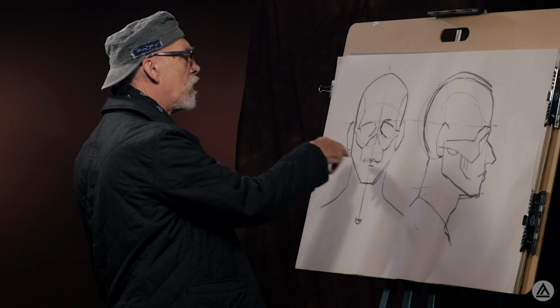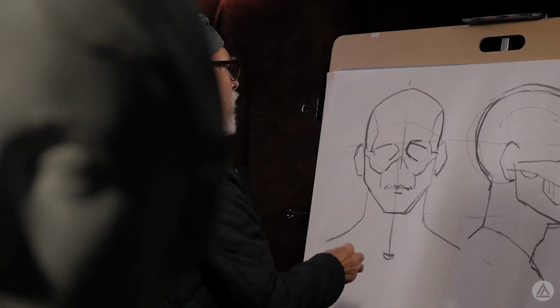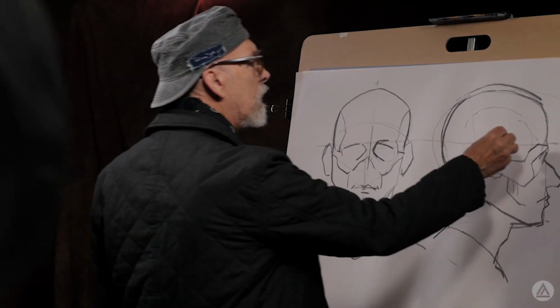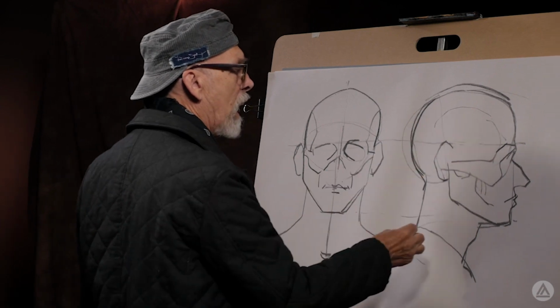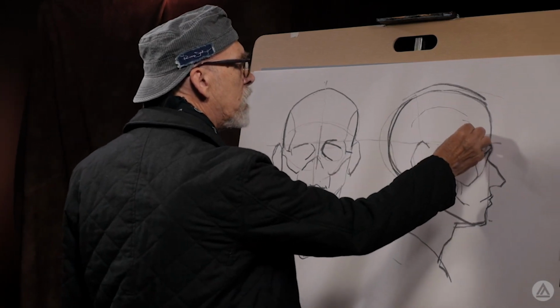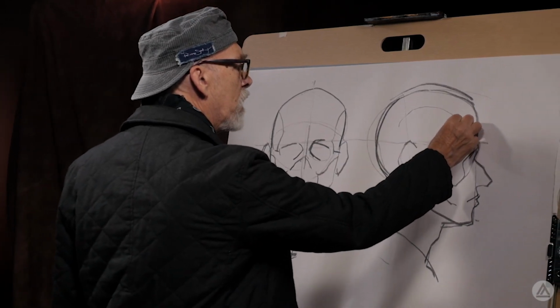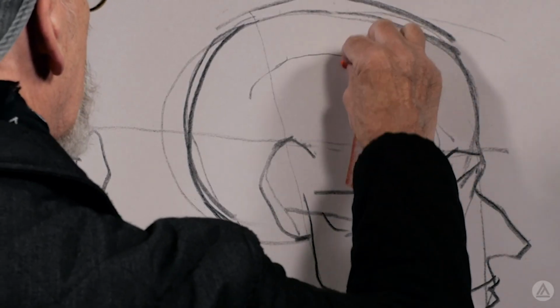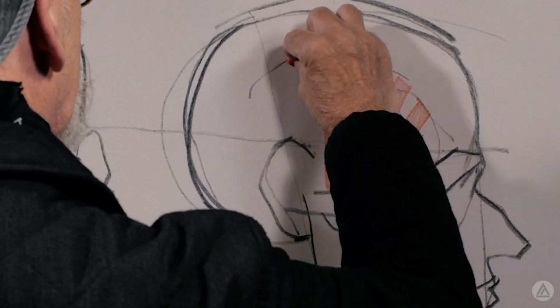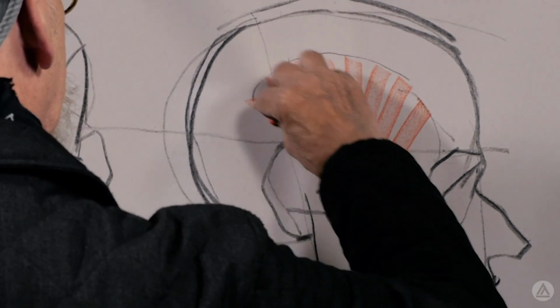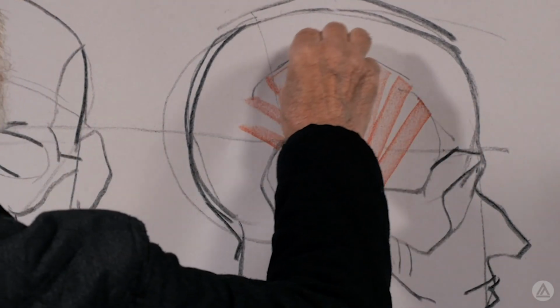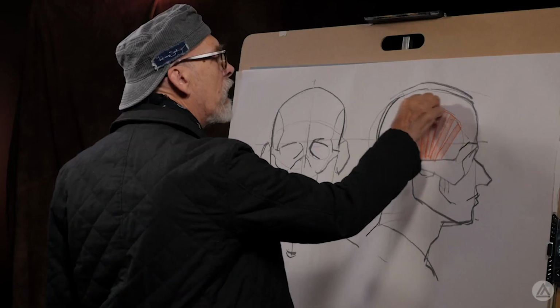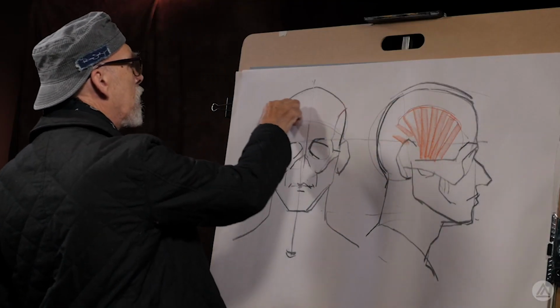And I'm going to start out with the top part of the head, and I think I'll start out over here with the temporalis. The temporalis is a large muscle that attaches to the side of the skull, starting out around the parietal edge, which is right up here.